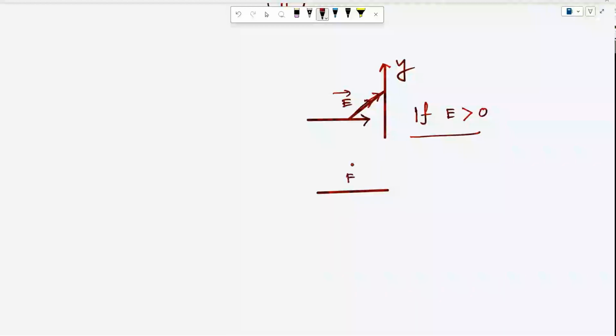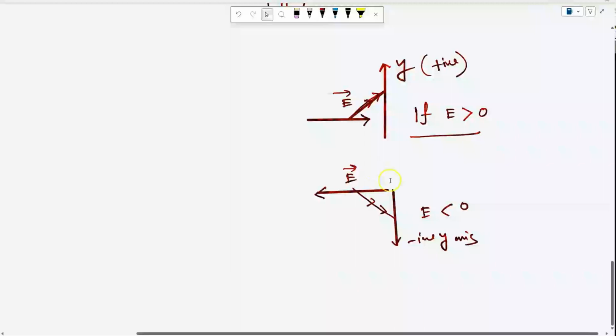This time E is directed towards left. So that electric field will be a negative quantity, that you have to plot along negative y-axis, E less than 0. Okay? So we will be plotting along negative y-axis. This is negative y-axis. This one positive y-axis. Clear? Here electric field less than 0, that's why negative y-axis. Electric field greater than 0, that's why positive y-axis.